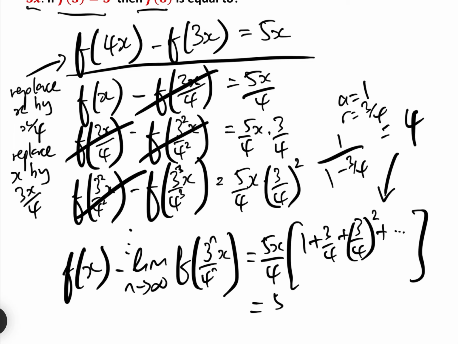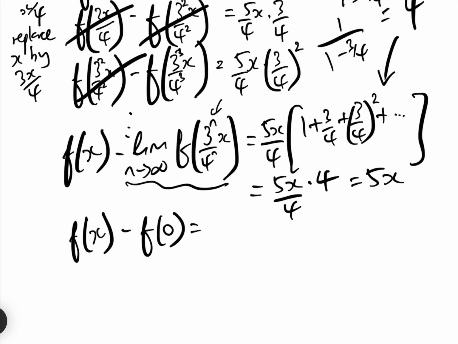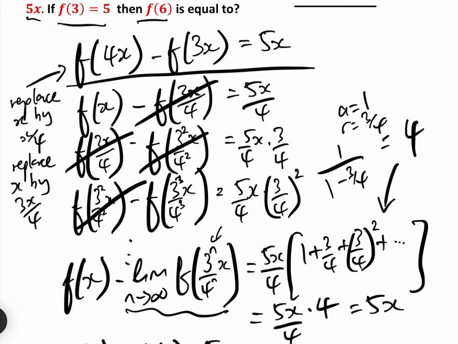And so therefore this right hand side is 5x over 4 times 4, which equals 5x. And this left-hand side, well, by the same logic we used in question 1, because 3 to the n over 4 to the n is bound to go towards 0 as n goes towards infinity, we are left with f of x minus f of 0 equals 5x.